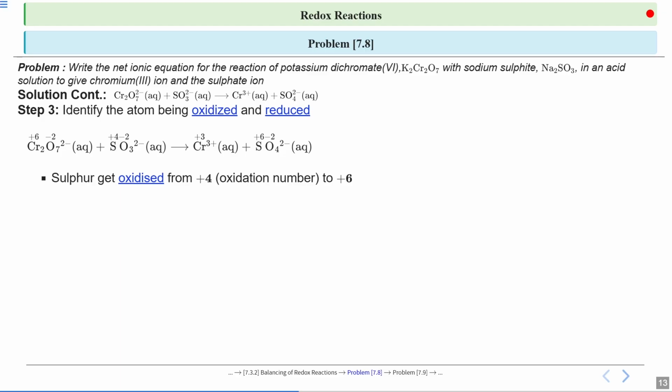Hence, what can we conclude here? We can conclude that the sulfur is getting oxidized, going from oxidation number +4 to +6, and chromium is getting reduced, going from oxidation number +6 to +3.